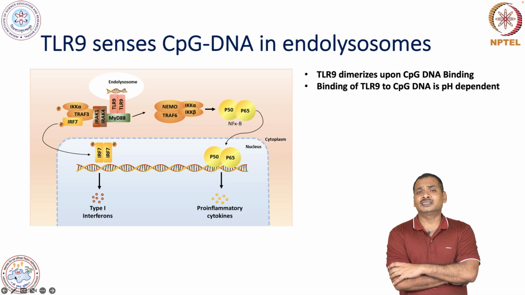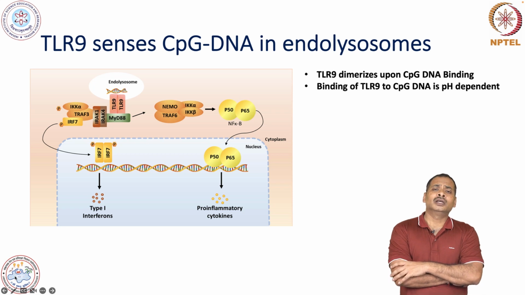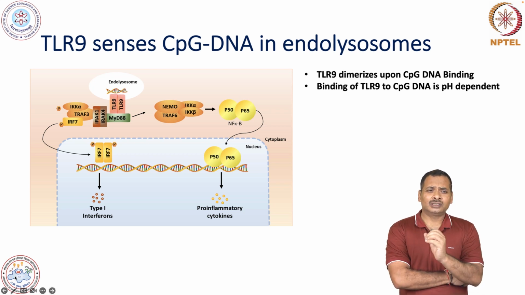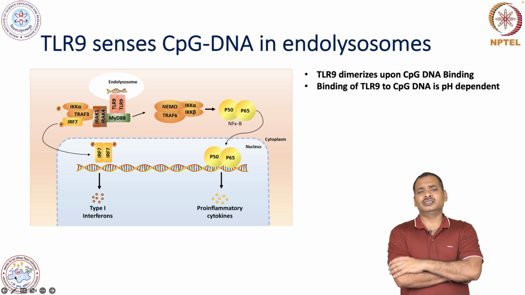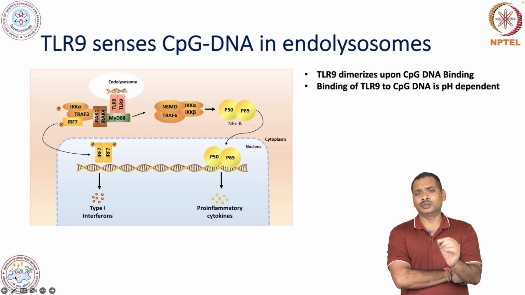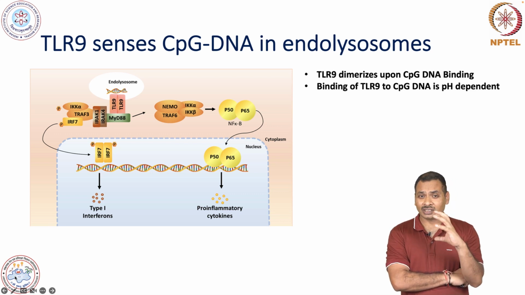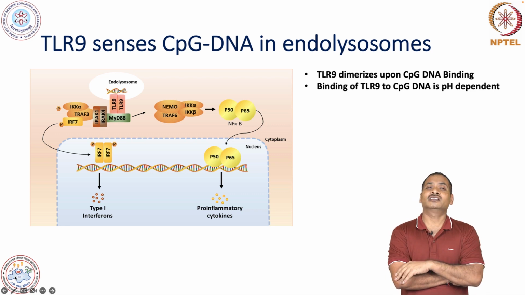TLR9 basically senses CpG DNA inside the endolysosome. And please note, it is not depicted in this image, but one important note is that this DNA molecule is sensed by post-translationally modified TLR9.